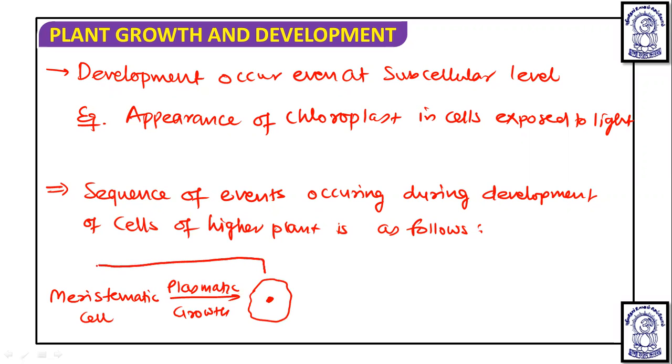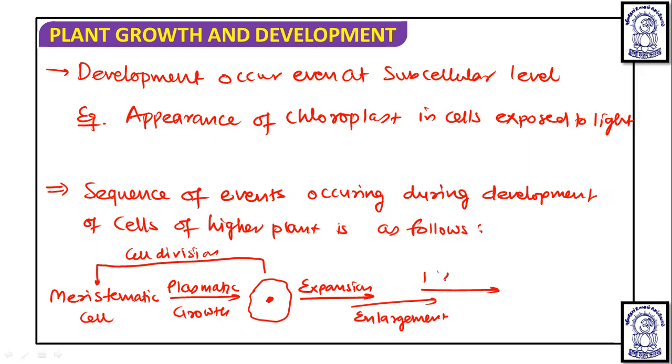After this, the cell again undergoes cell division and forms a meristematic cell, or it has another way where it undergoes expansion. Before expansion completes, enlargement starts, then differentiation initiates, then maturation takes place, and that forms a mature cell.